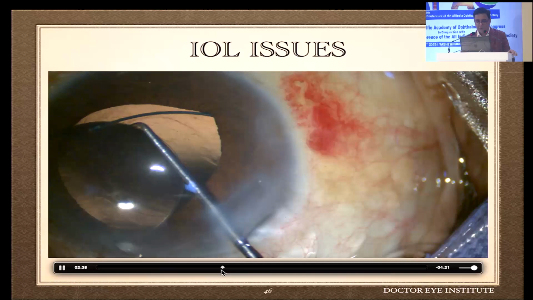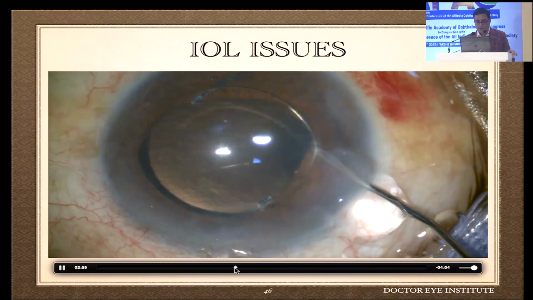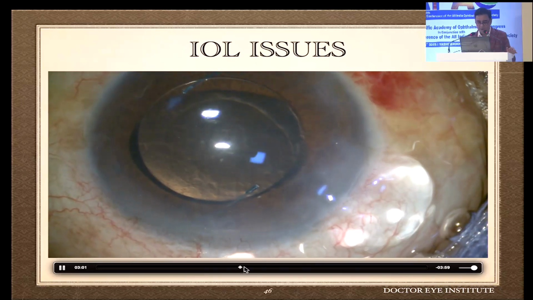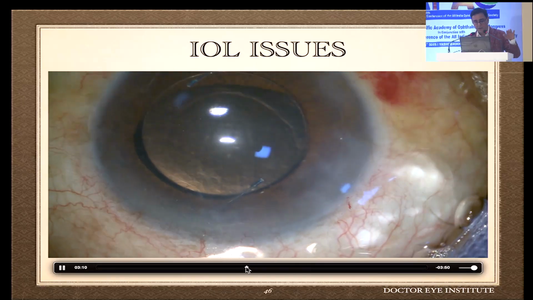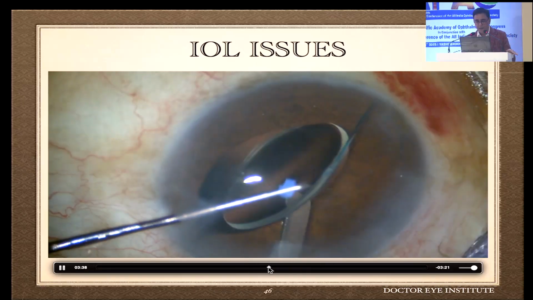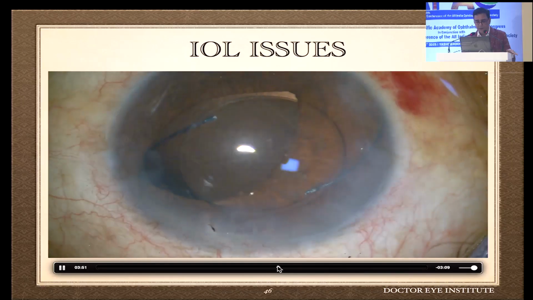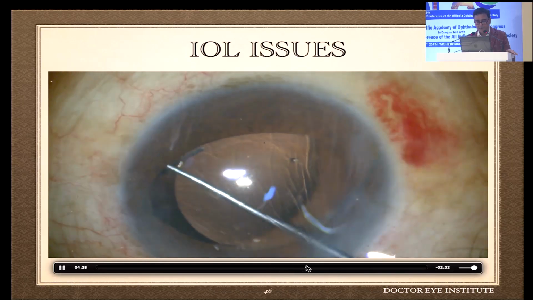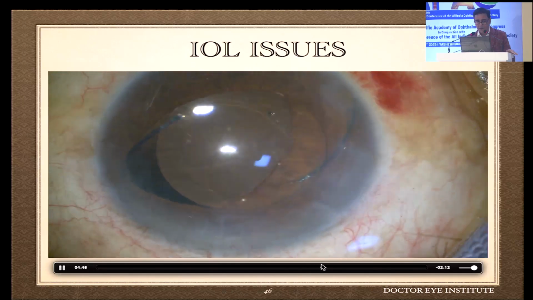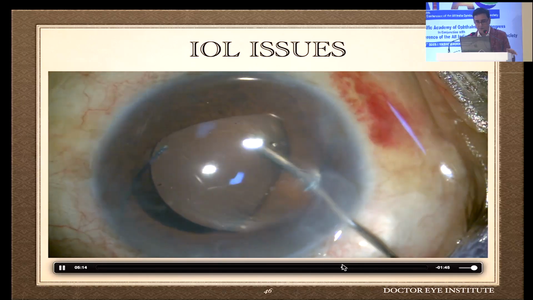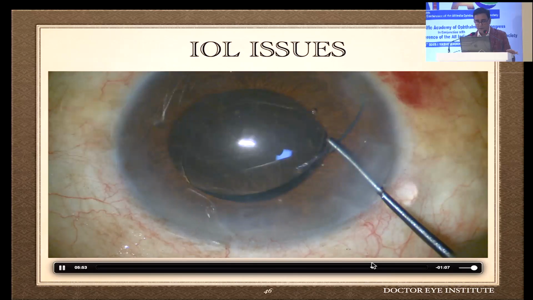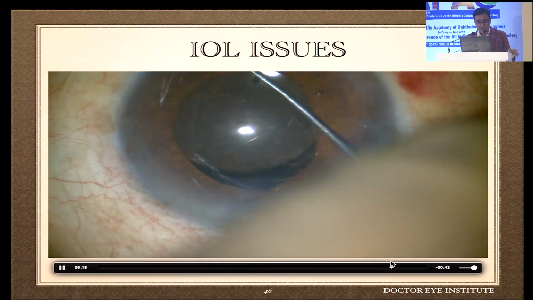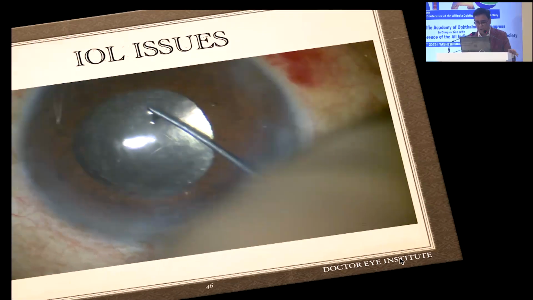And now the other haptic, got that also into the anterior chamber, and now I put in more viscoelastic below the IOL, okay, and more viscoelastic above the IOL, and then I flip this IOL in the AC and then put it back into the bag. Okay, so now the IOL is dialed into the bag, and this patient, luckily no injury anywhere, did very, very well. And now the second haptic is just dialed into the bag. And actually this solved all the problem, and all the episodes were fine, never had any problem.